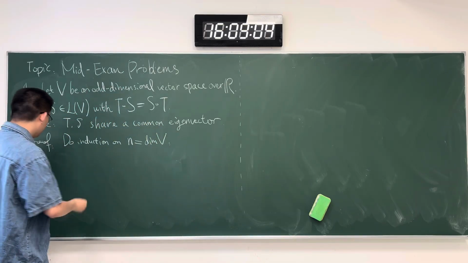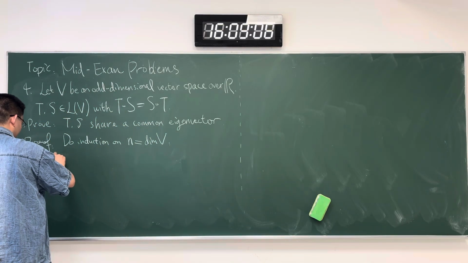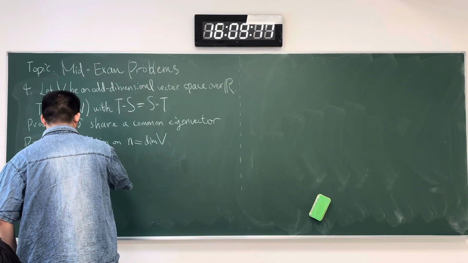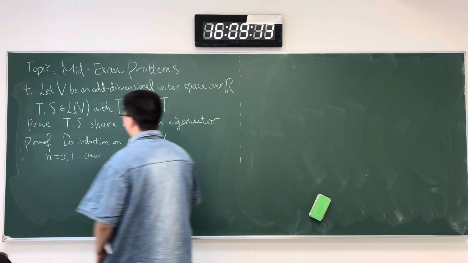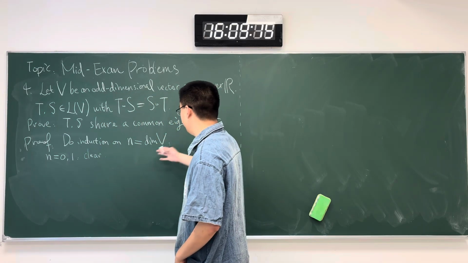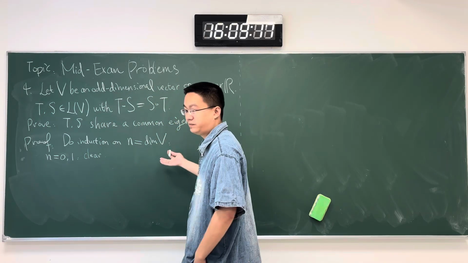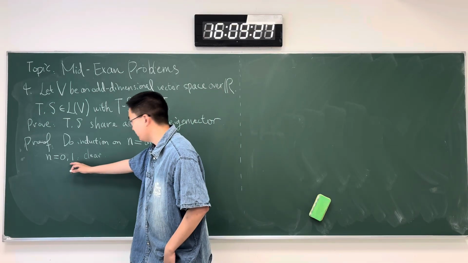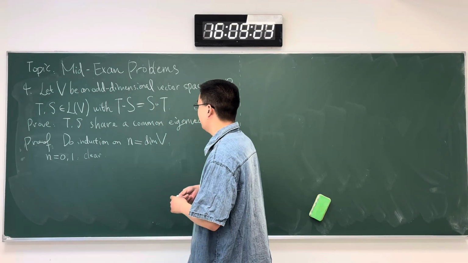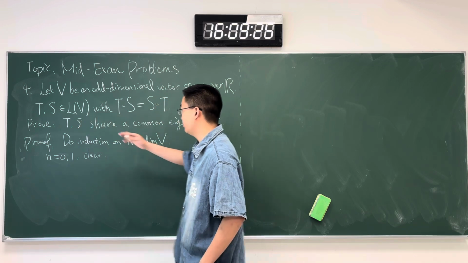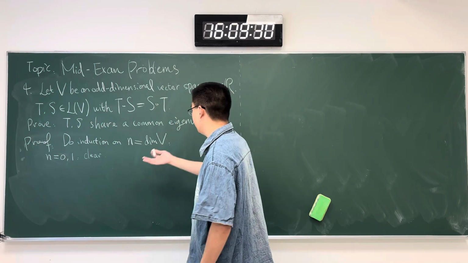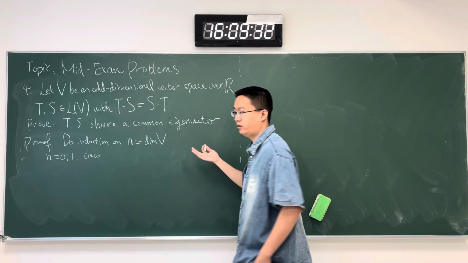For example, when n equals 0 or 1, the statement is clear. If V is just the 0 space, then nothing needs to be proved. And if V is just one real line, then T and S are 2 scalars on this line, so necessarily they share a common eigenvector.